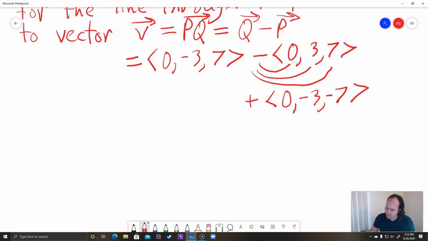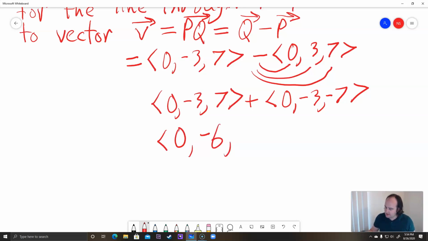Then we add the components: 0 plus 0 is 0, negative 3 plus negative 3 is negative 6, and 7 plus negative 7 is 0. So our vector V, the same as PQ, is (0, -6, 0).